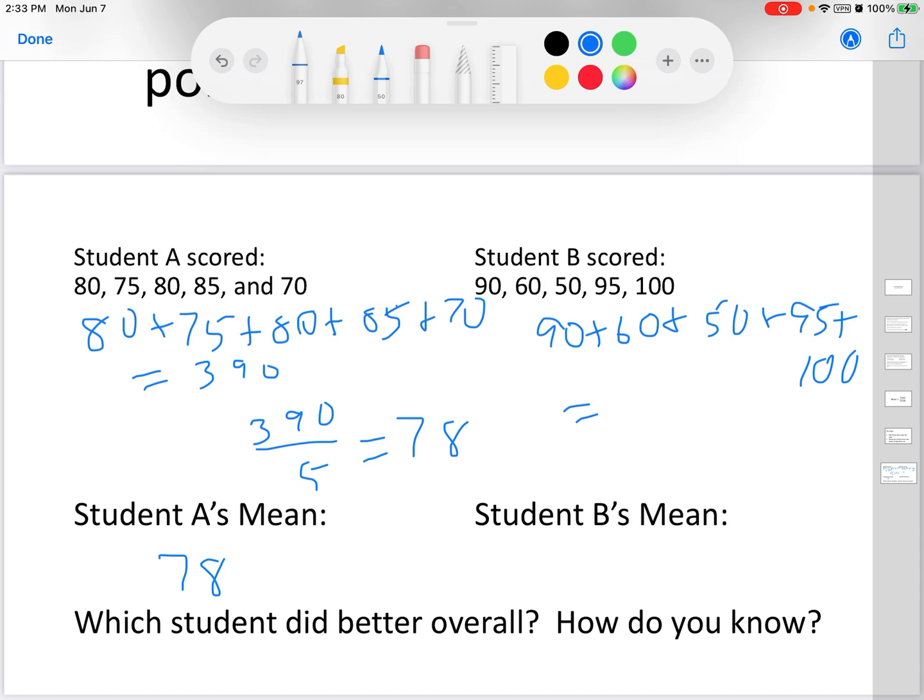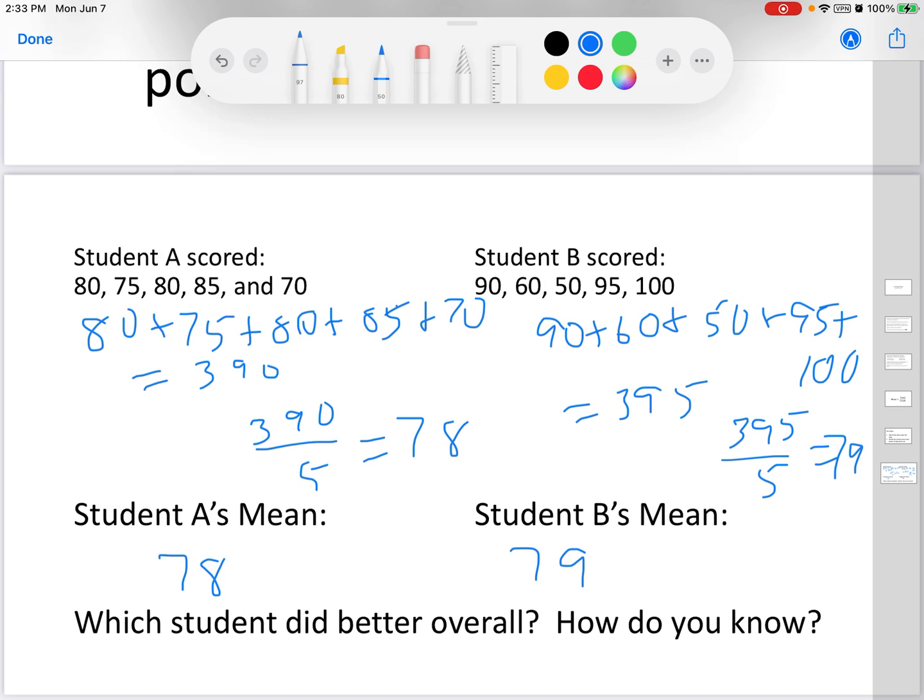And in fact, the next class that we have, I'm going to show you another way. So this equals 395. And to get the mean, we do 395 divided by 5. And I get 79. So student B's mean is 79.